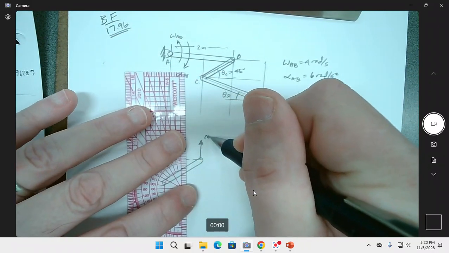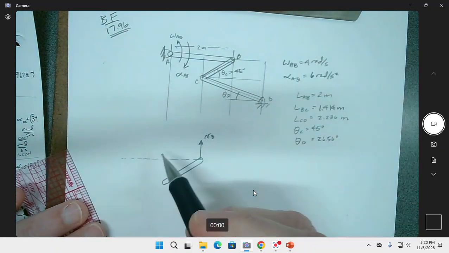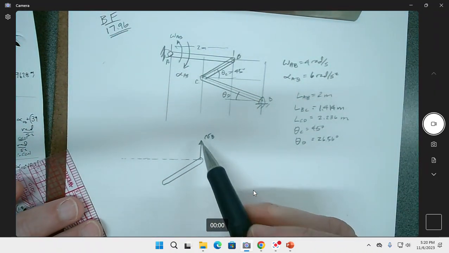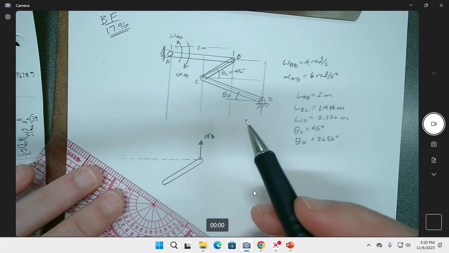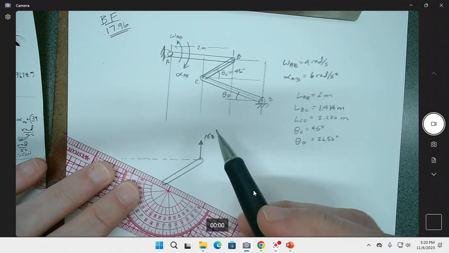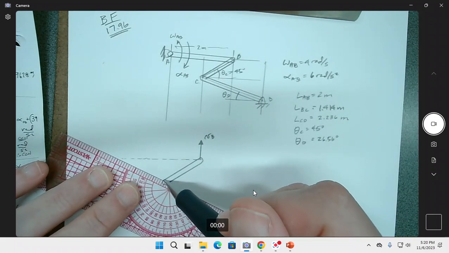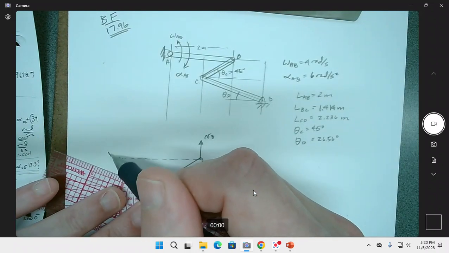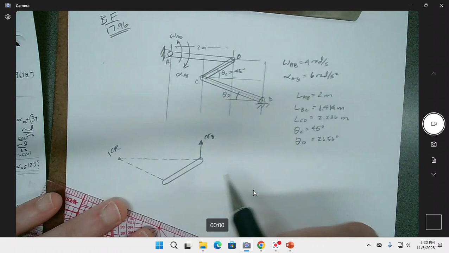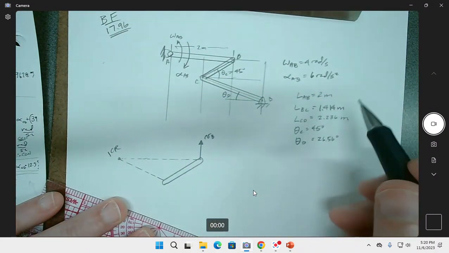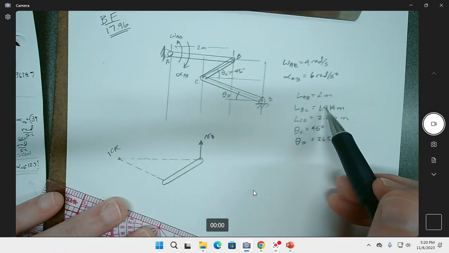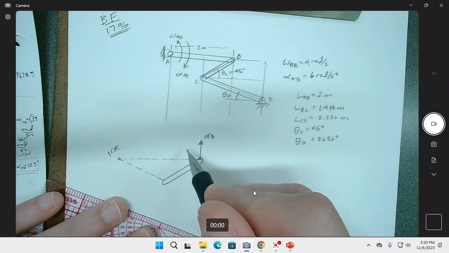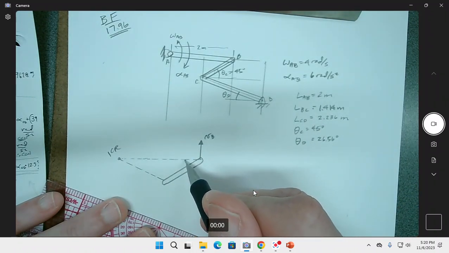Here's our VB, which we'll find in a second. Anyway, you can draw this guy out. There's our ICR. This length right here is the one we just found, the LBC, 1.4. This angle, even though it doesn't look like it, should be 45 degrees.